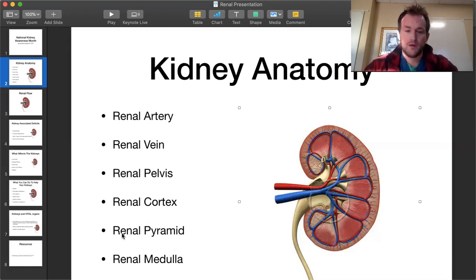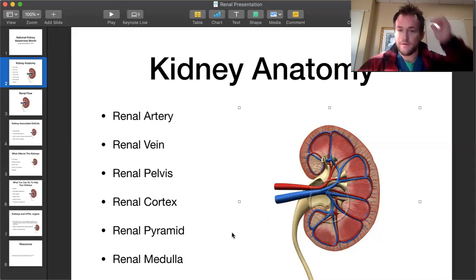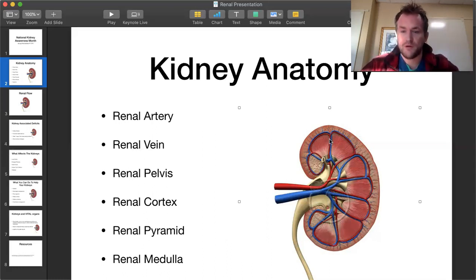A pyramid is a triangular structure. Essentially, the renal pyramid is this functional unit here. The renal medulla. If you can see this red part here, that's essentially the renal medulla. It's a functional structure along with the renal cortex.